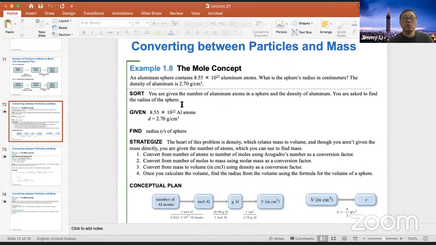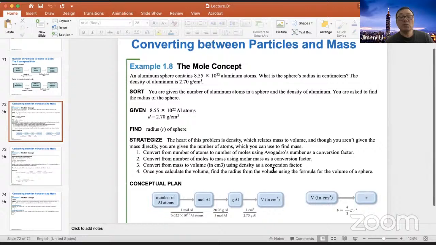Now you are finding a radius here. If you know the number of atoms, you should be able to convert to grams of the atoms. Once you know the grams, the weight divided by density gives you a volume. From the volume, your final step is to convert to radius, because everything is in a spherical shape.